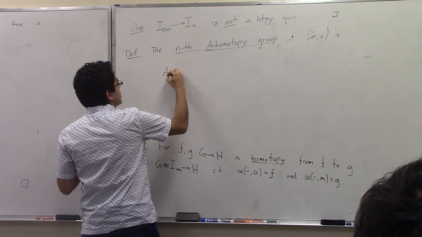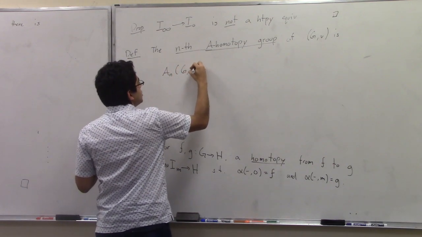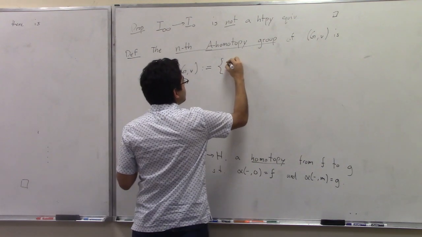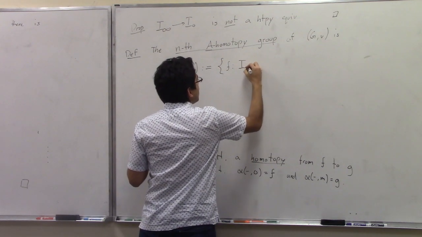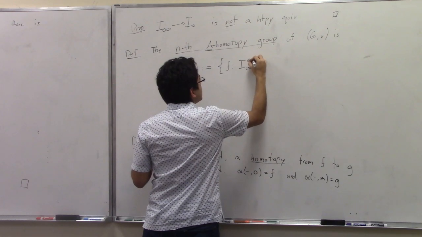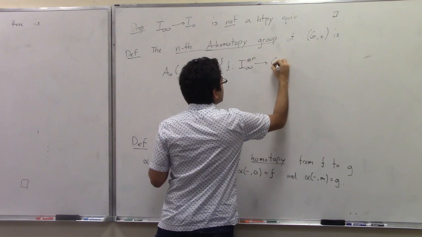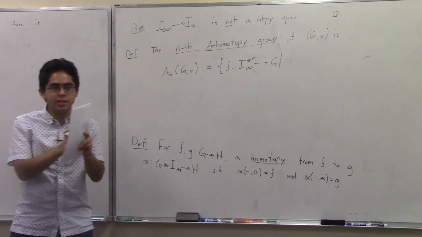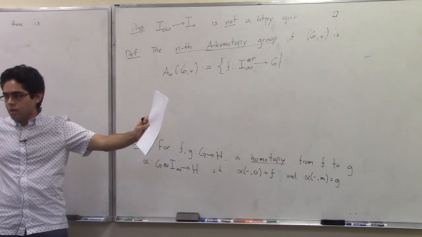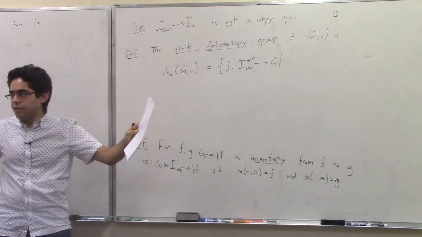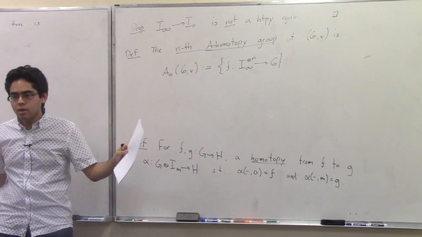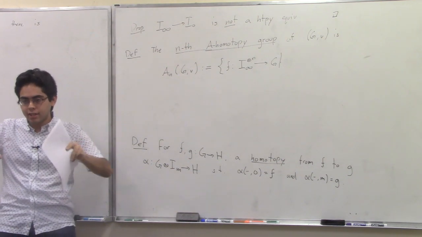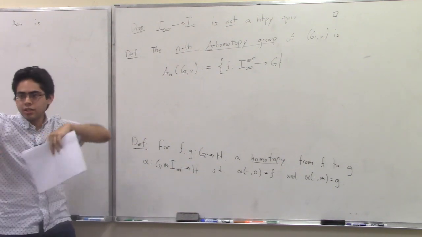It's denoted A_n(G, v). And this is going to be a set of maps from I infinity to the tensor power n to G. Right, so I infinity is this infinite interval. And when I tensor I infinity with itself n times, what I'm getting is an n-dimensional hypercube as a graph that stretches infinitely in all directions.